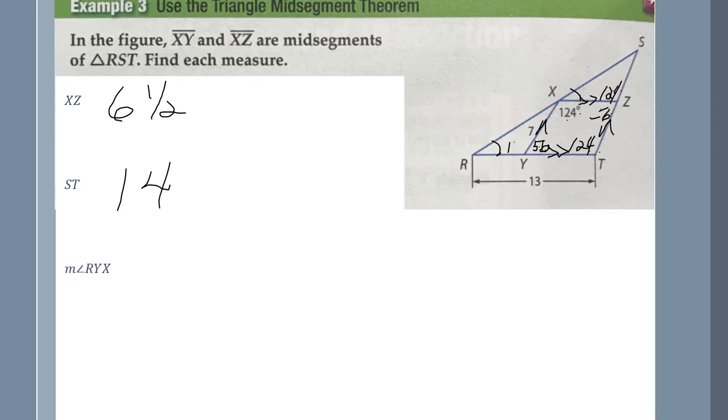Oh, this is 124. What am I doing? I could have just gone with the corresponding angles. So now I have RYX. Oh, I figured that one out. 124. Okay.